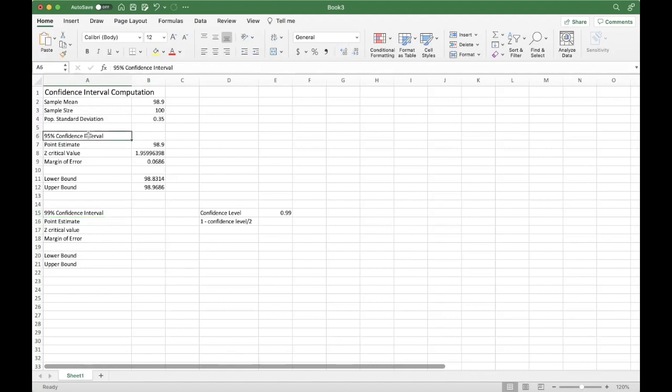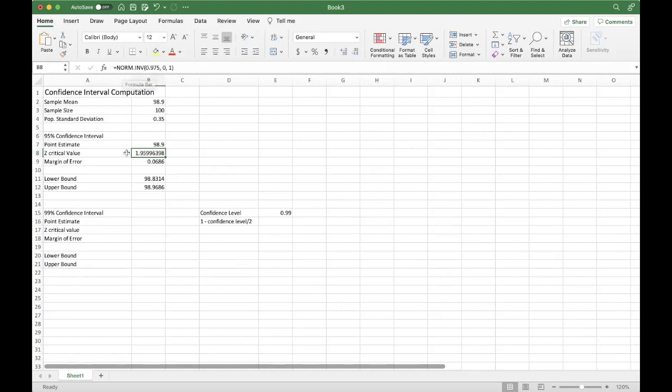So in our 95%, previously, I just went ahead and used 1.96 as our Z critical value. But I'm going to show you here what I actually did in order to figure out the Z critical value using the norm inverse function in Excel.